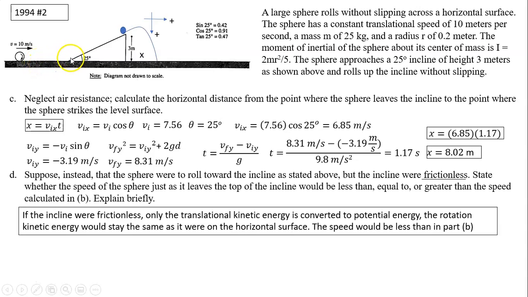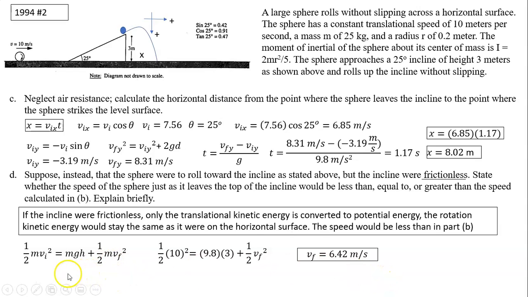So because only v decreases, omega doesn't decrease, this is rolling with slipping, so v does not equal r times omega anymore. Omega is bigger than that. So in that case, because the translational part changes to potential energy, the speed would decrease.